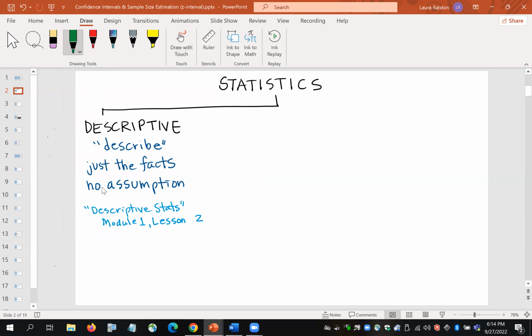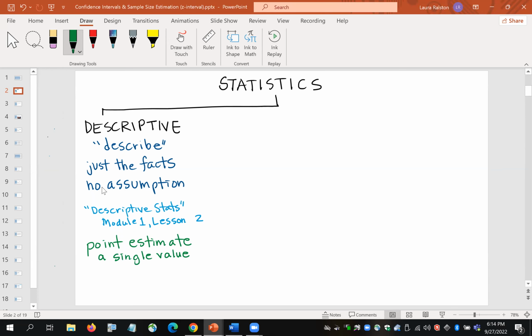We didn't talk about it then, but using a single value to represent those measurements is called a point estimate. A point estimate is a single value that represents that particular measurement.